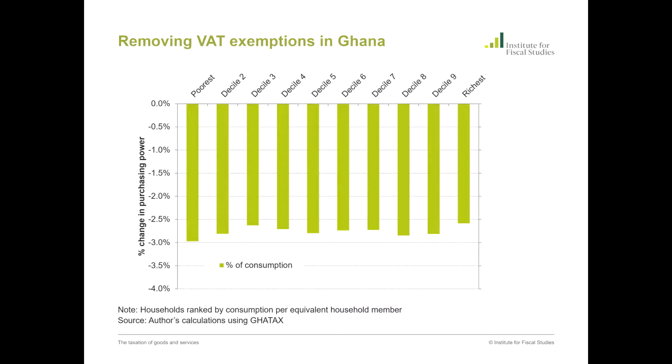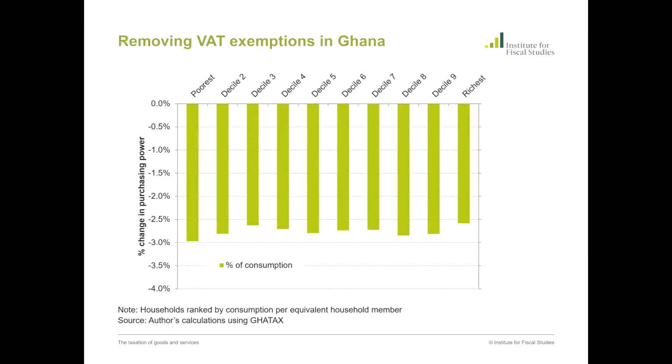And what we've done is simulated the impact of removing those VAT exemptions and applying the standard rate, and estimated the change in household purchasing power for each decile of the consumption distribution. And you see here that relative to consumption, removing these VAT exemptions, again, is fairly distributionally neutral in Ghana. Each decile, on average, losing between 2.5% and 3% of initial purchasing power.